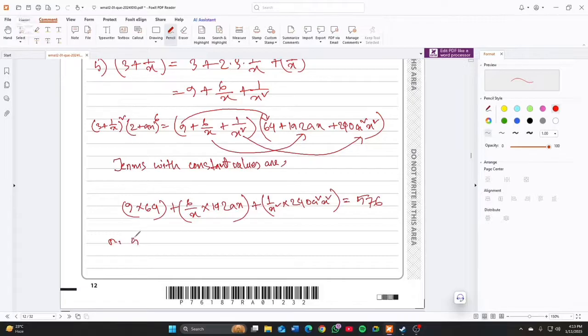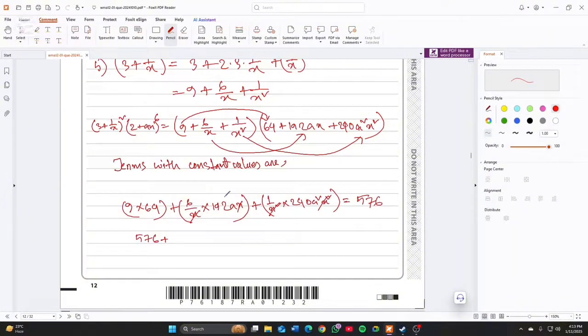So this is 9 times 64 is 570. No, wait. So 9 times 64, if we take the calculator, we get 576, plus 6, this x cancels out, and here x square cancels out.